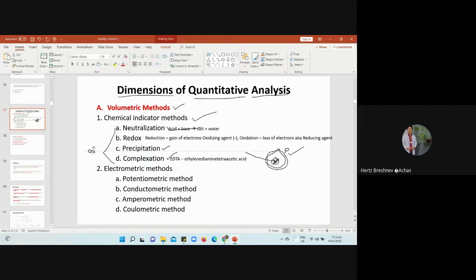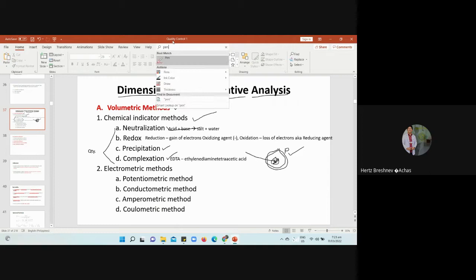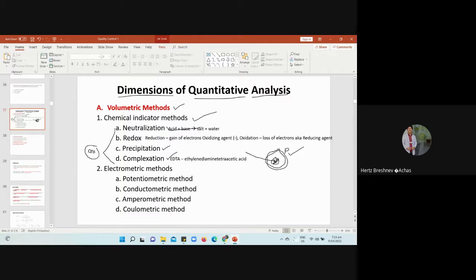These four, A, B, C, D: neutralization, redox, precipitation, complexation, are all methods used to identify the quantity of the substance. And we emphasize that it is in a liquid state. I hope that is clear.